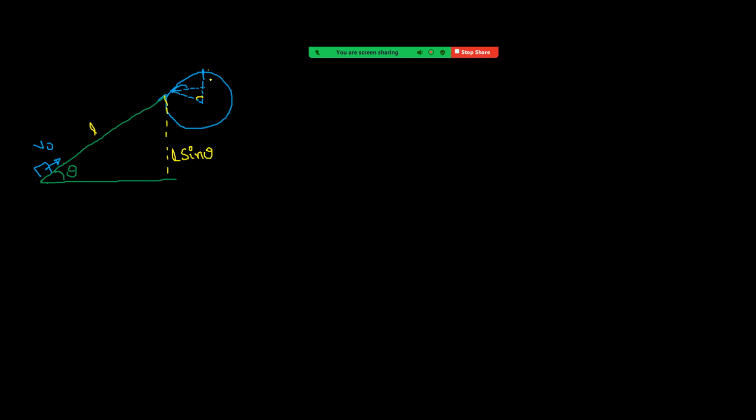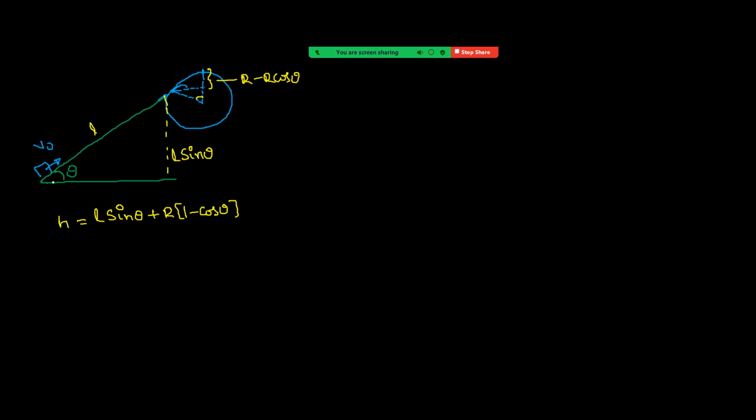So the remaining part is r minus r cos theta. That means this block has to move through a height equal to L sine theta plus r into 1 minus cos theta.